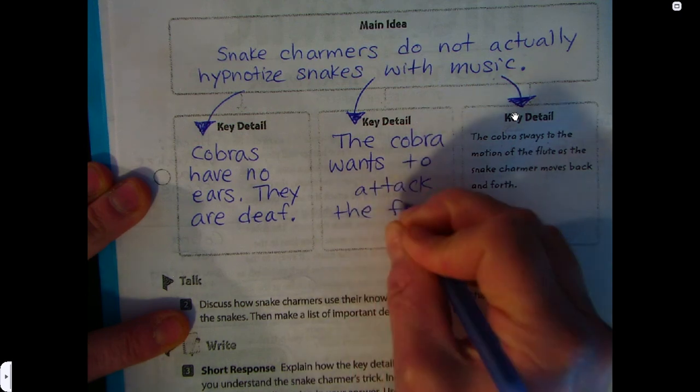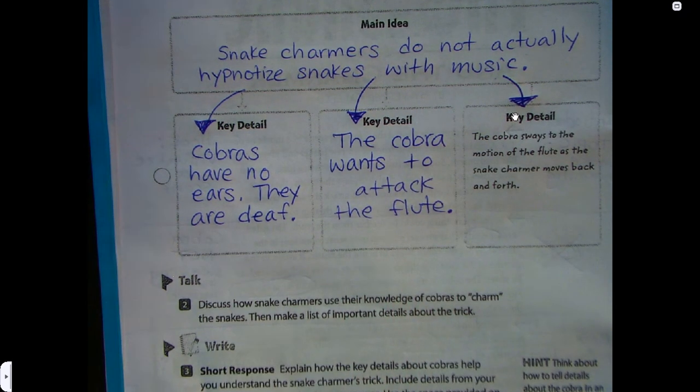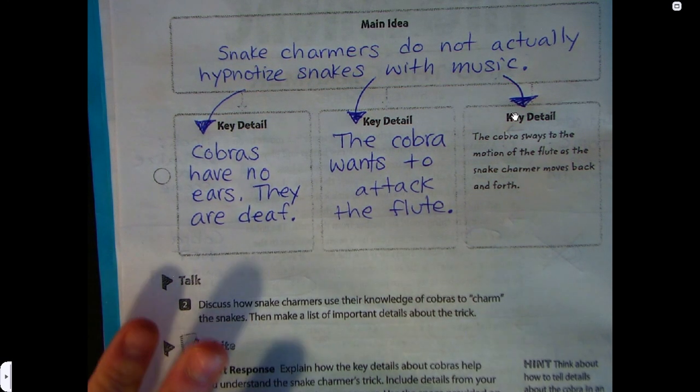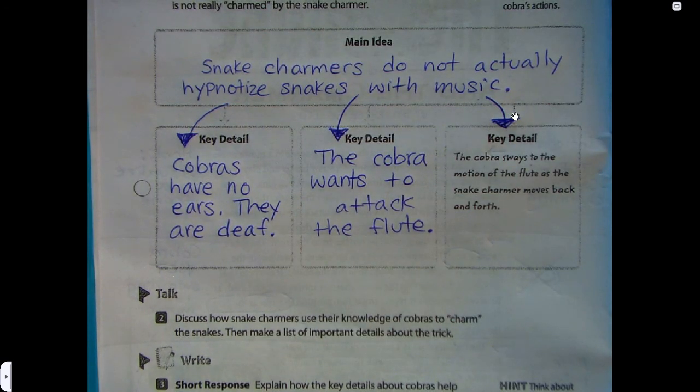So I might write, the cobra actually wants to attack the flute. So let's look at what we wrote again. The main idea of the story we just read, what the author wants me to learn, is that snake charmers do not actually hypnotize snakes with music. How do I know this? Well, I know this because cobras don't have ears.